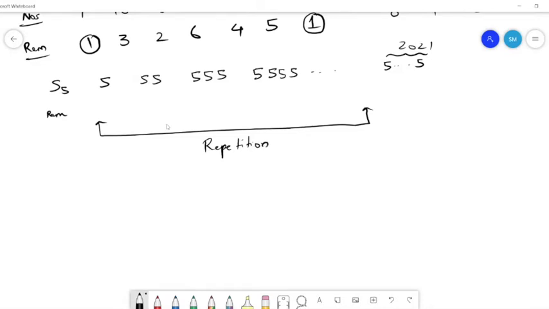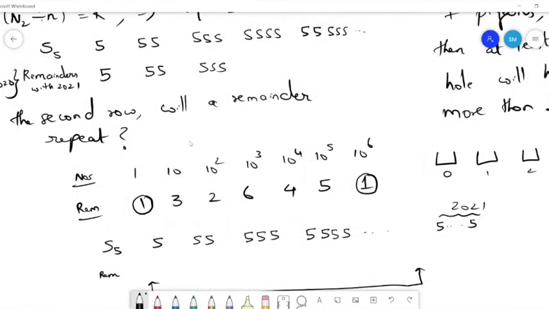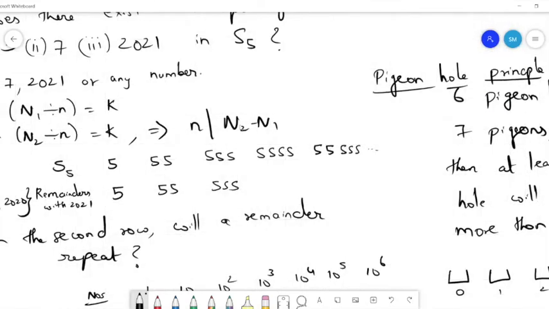So what is the conclusion from this? There is some sequence of 5s having some remainder k, and there is another sequence of 5s having the same remainder k, right? Yes. Now, using our initial observation that if two numbers have the same remainder, then n divides n minus n1, right? Yes.